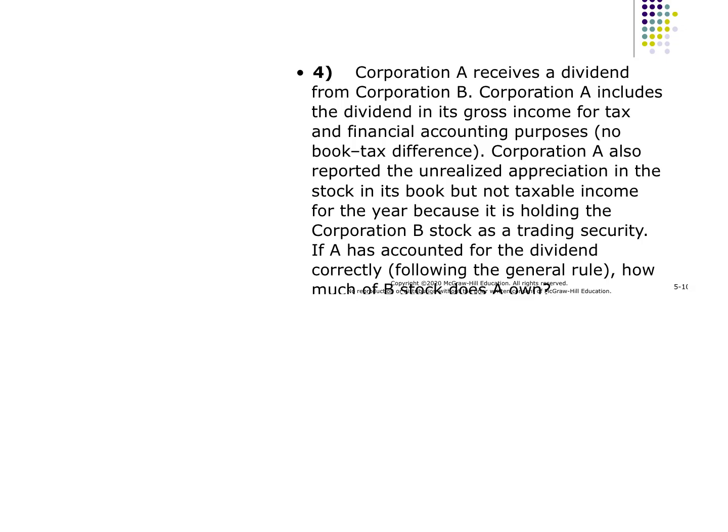What this one says is Corporation A receives a dividend from Corporation B. Corporation A includes the dividend in its gross income for tax and financial purposes, so no book tax difference.